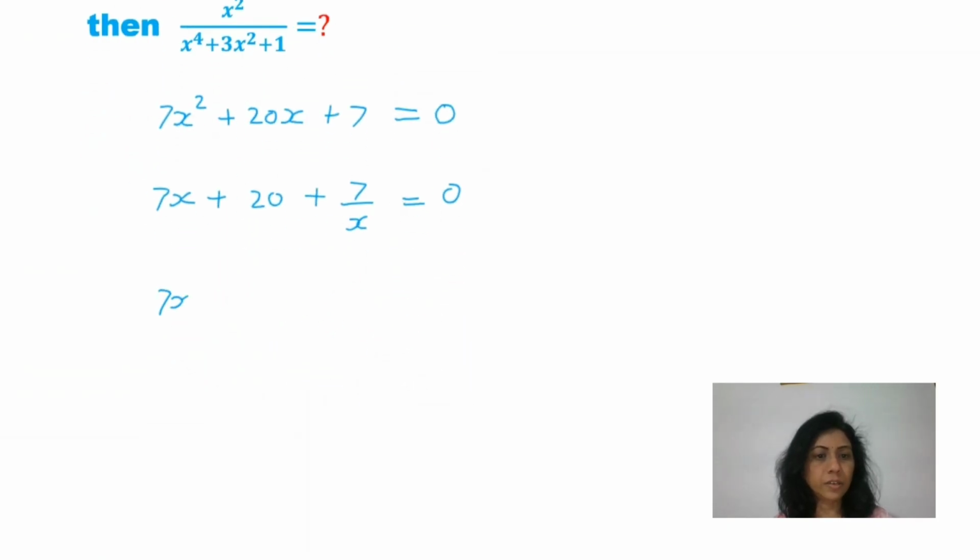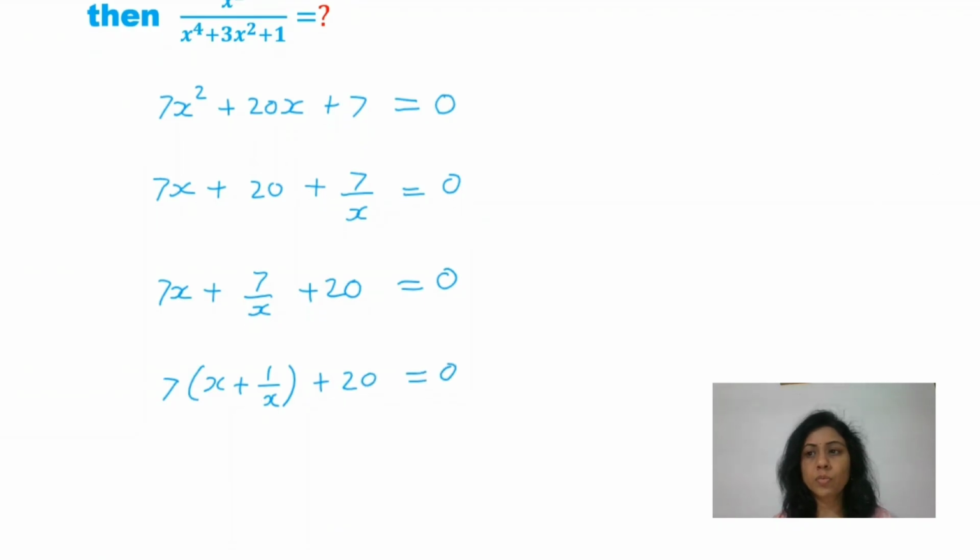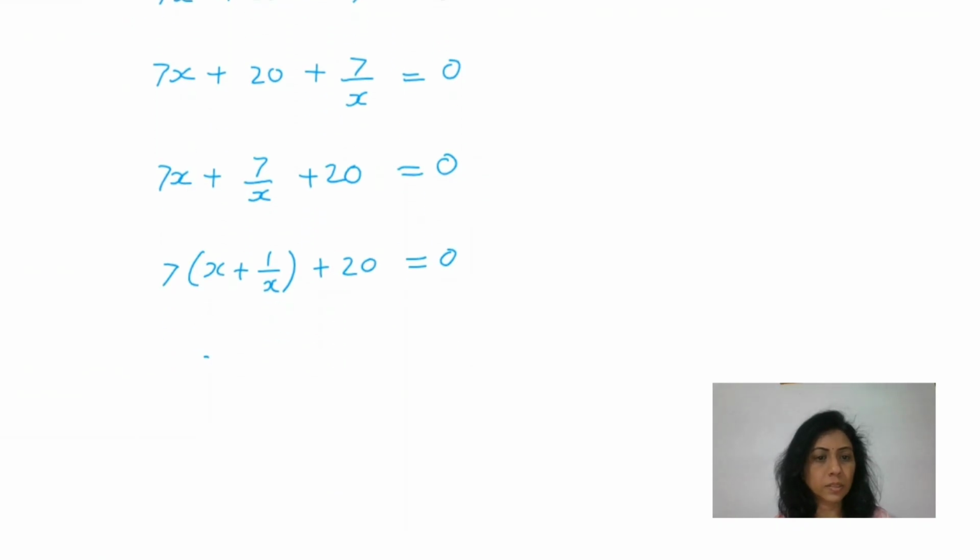Now we can rearrange 7x and this 7/x, plus 20 is equal to 0. From here we can take 7 common. So this is 7(x + 1/x) + 20 = 0. So we can solve this for x + 1/x.